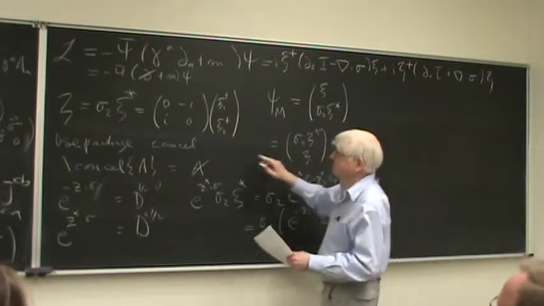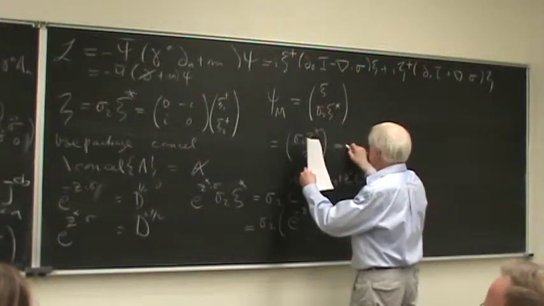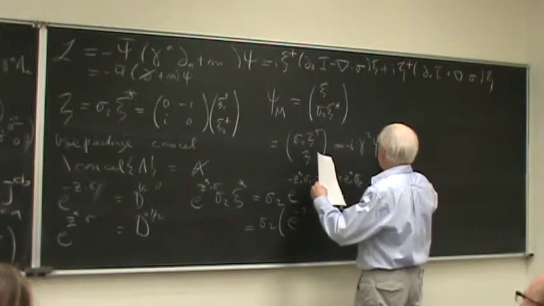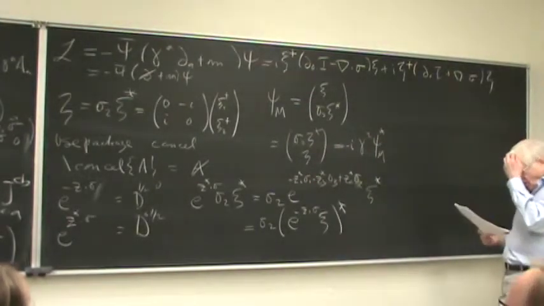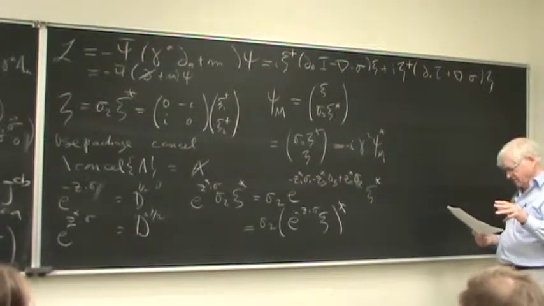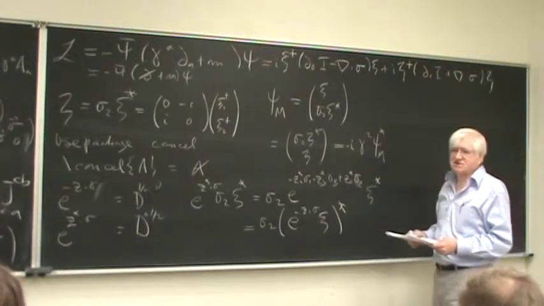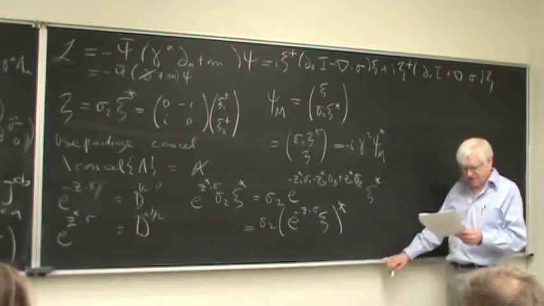And using this relation, what we see is that this is minus i gamma 2 psi Majorana star. So that's what a Majorana spinner satisfies, and this is saying the particles are the same as the antiparticles, no charge, and so forth.